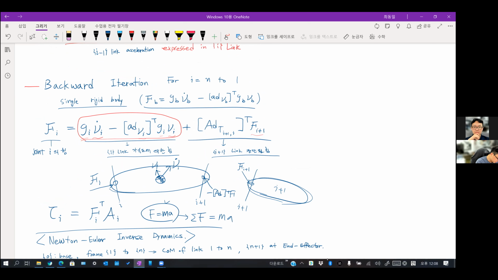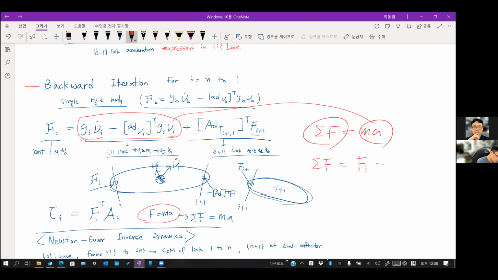So actually, F equals MA, so the more general multibody term is the sum of F equals MA. So MA is this term, and the sum of F equals F_i minus the other joint term, T_{i+1,i} transpose F_{i+1}.